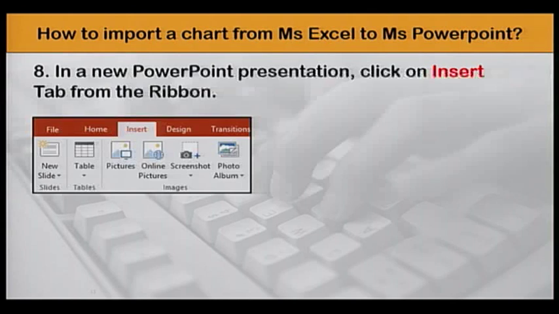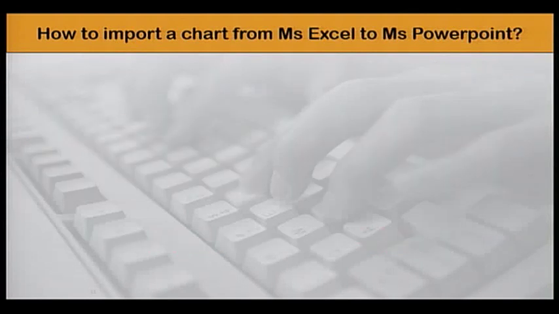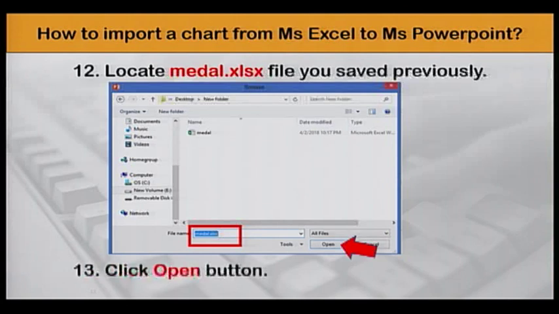Create a new presentation. Click on the Insert tab from the ribbon and choose the Object command in the text group. Locate the medal.xlsx file you have saved previously and click the Open button.